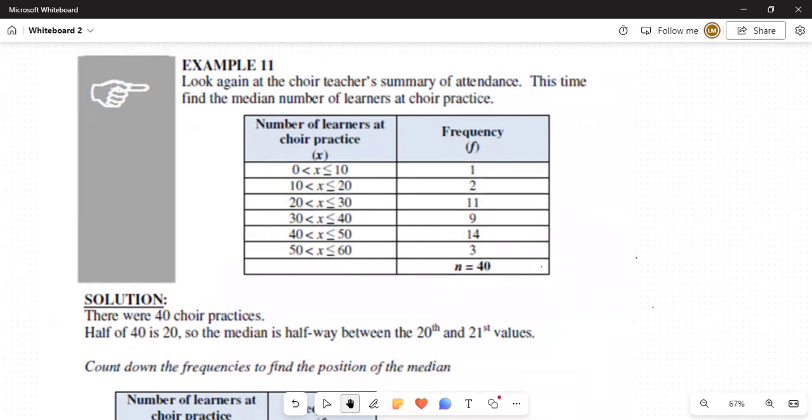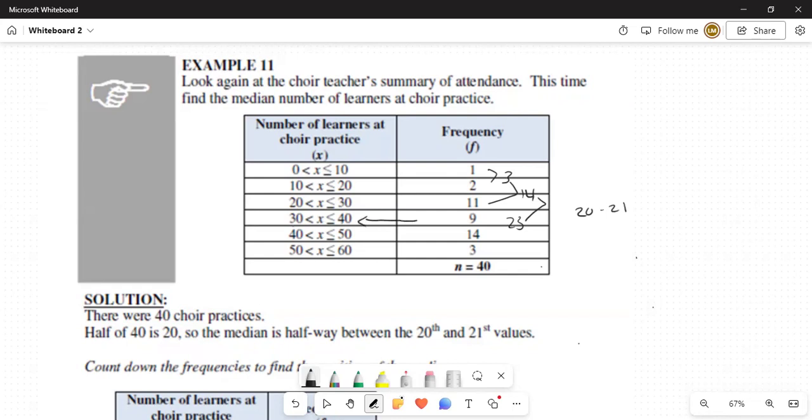We're going to look at our table here and say, okay, from there to there, it's just 3, from there to there, it's 14, and then from 14 to there, 14 plus 9 gives us 23. So now we have passed that 20 to 21 region that we were looking for, so that means the interval is here.